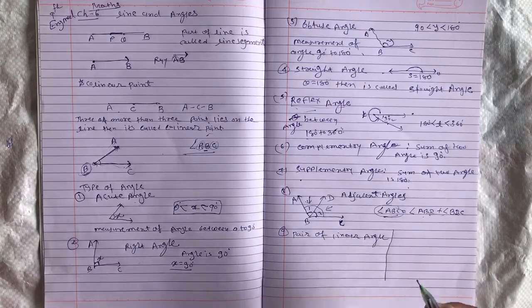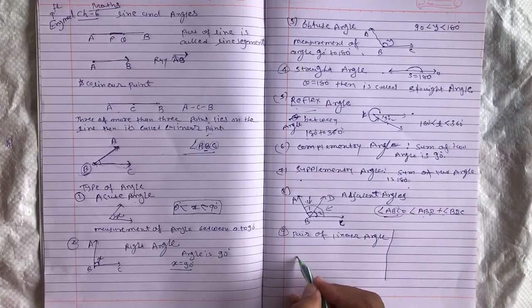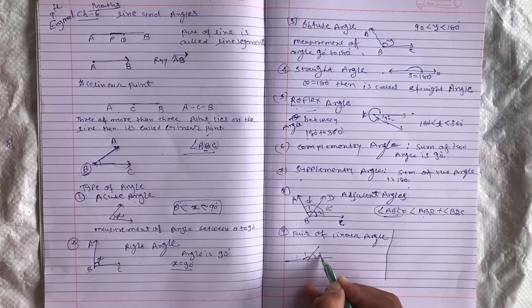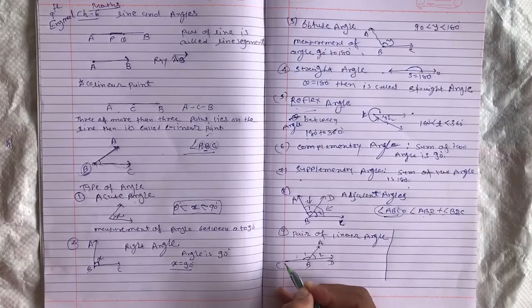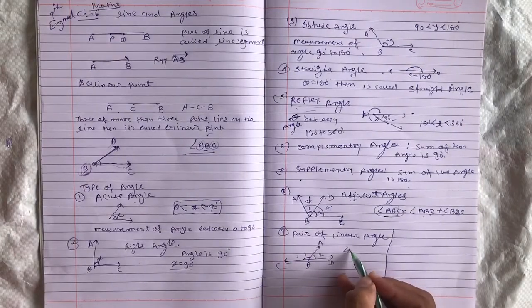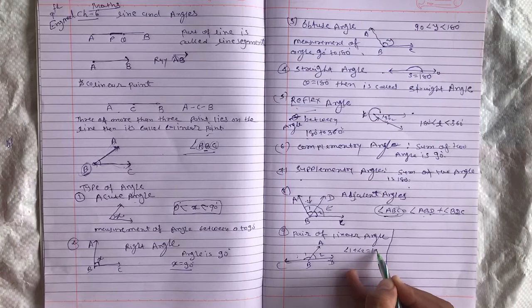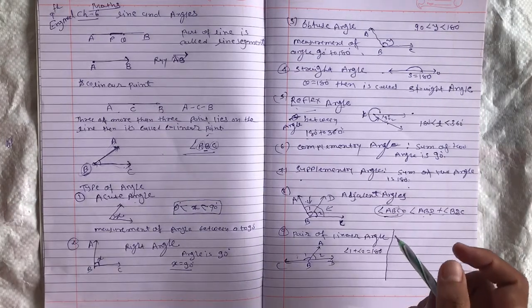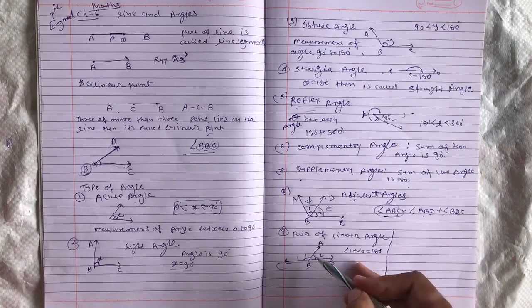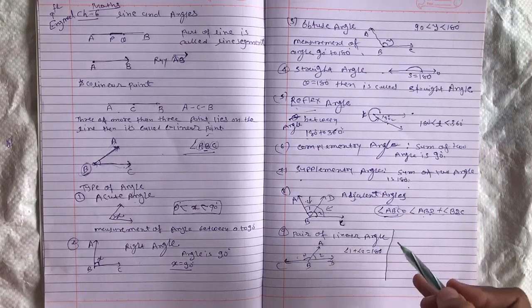Now pair of linear angles. A pair of linear angles means the angle addition is 180, with a first angle and a second angle, A, B, C and D. So angle 1 plus angle 2 is equal to 180, and this is called a linear angle pair.